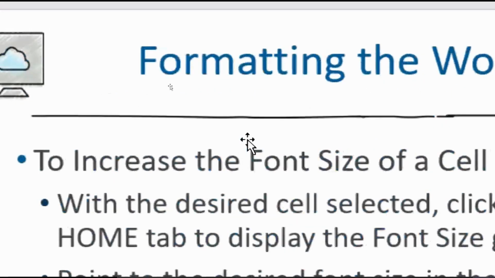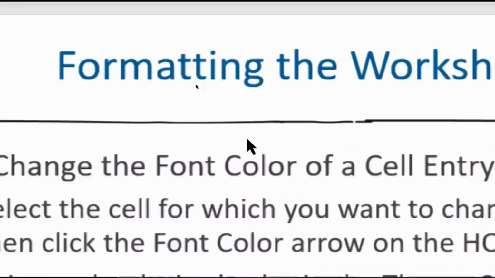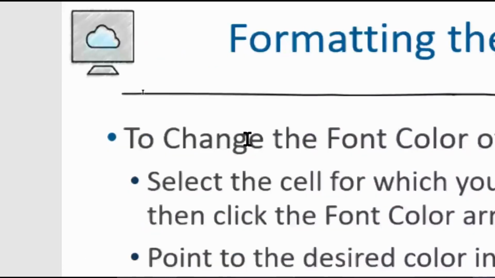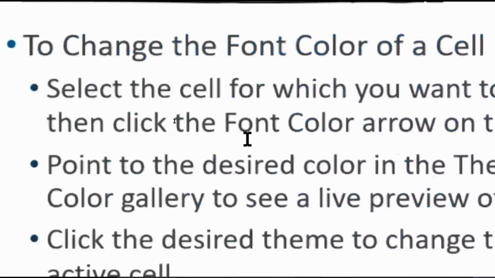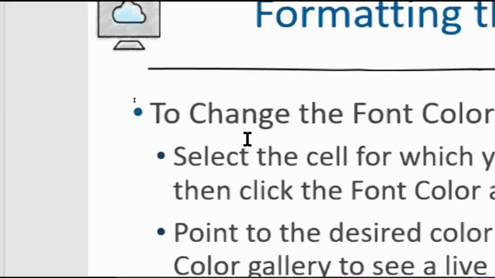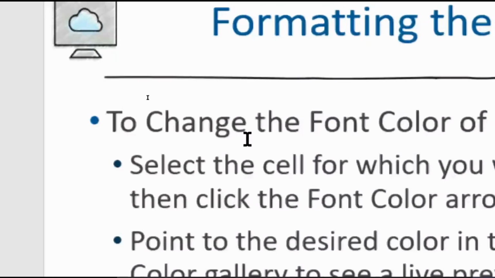Increasing font size, change color, yeah, we've already covered that. This here talks about a theme colors area, and I don't see a theme colors area. So I think in our version of Excel, we are just choosing the font color option.